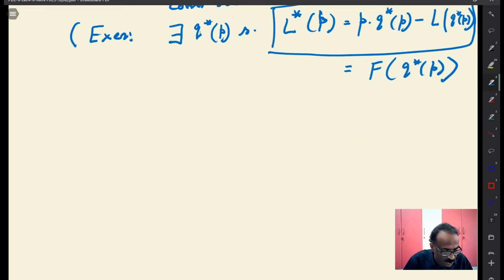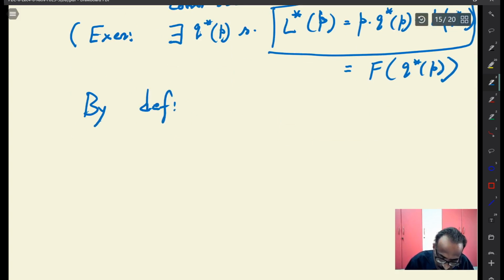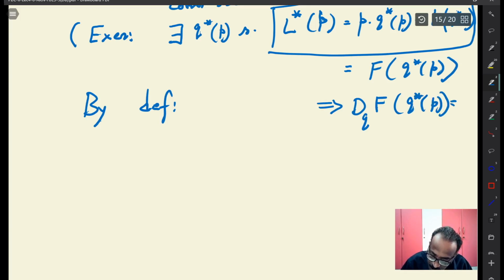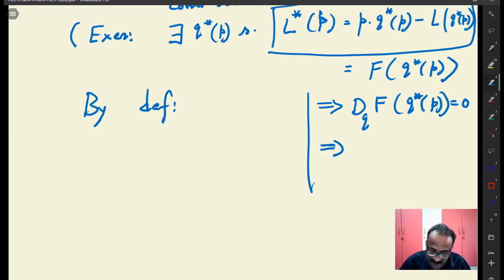By definition, since this is a maximizing point, Q star is a maximizer, that implies dq of F evaluated at Q star of P is equal to 0. That exactly tells you that Q star is a maximizer of this one, so this has to be 0.